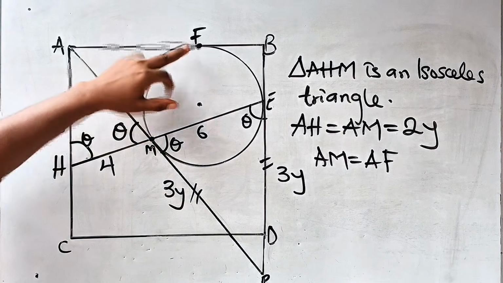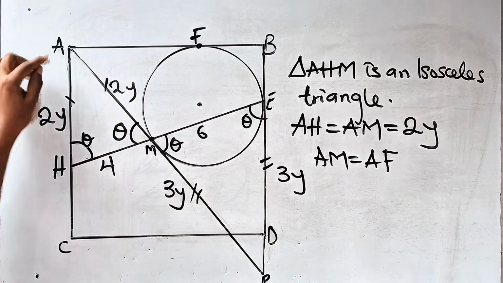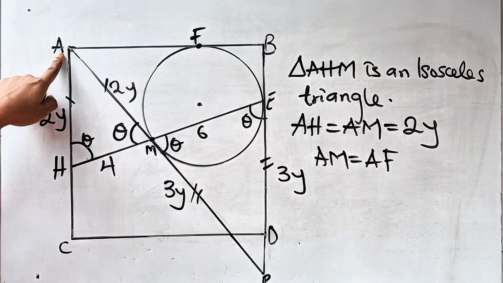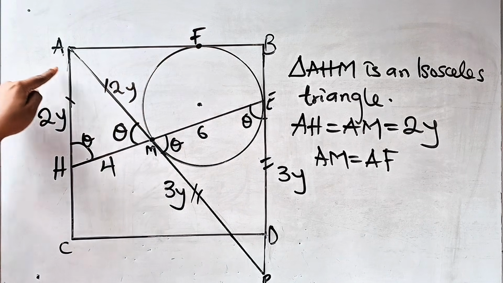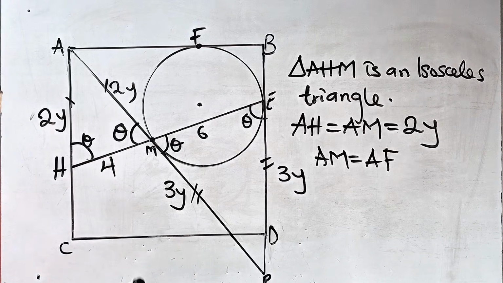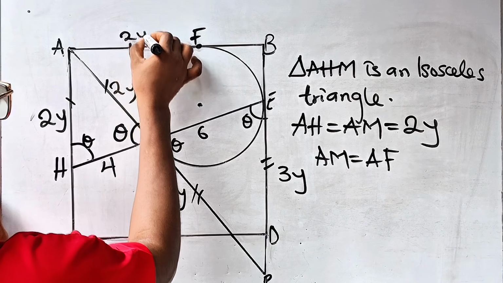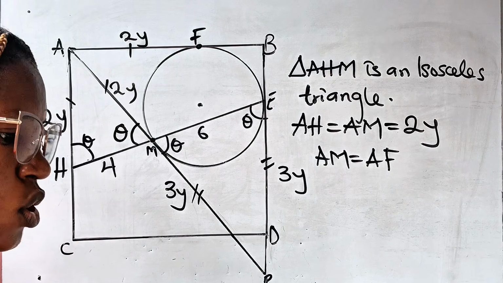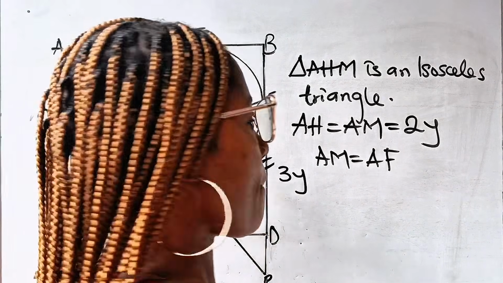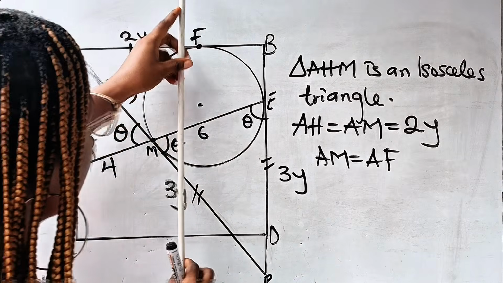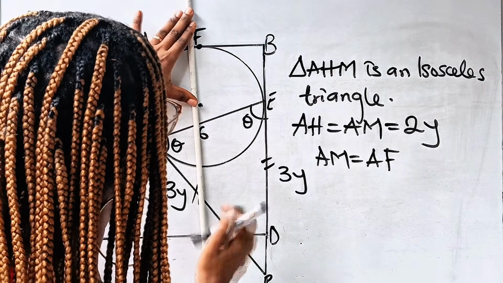Because both of them are tangents to this circle, meeting at a point A. So AF should be equal to AM, and this is also 2y. Now, let us form a square here. Let's join this to the center of this circle.